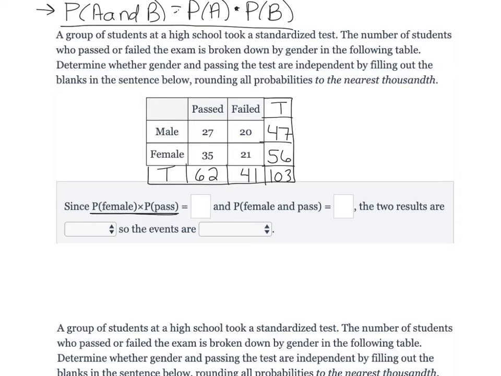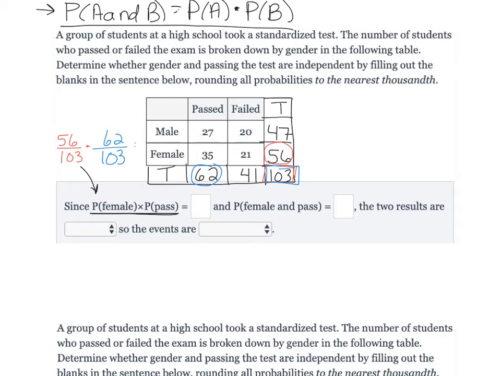We're going to do the probability someone's female times the probability that someone passes. So female, if I look in my table, is 56 out of 103. And passes is 62 out of that 103.